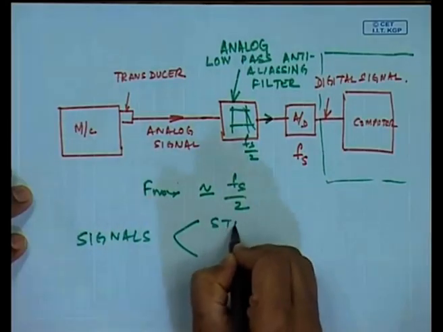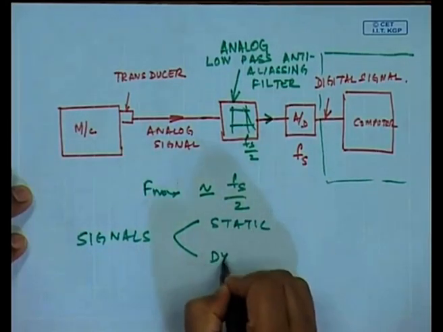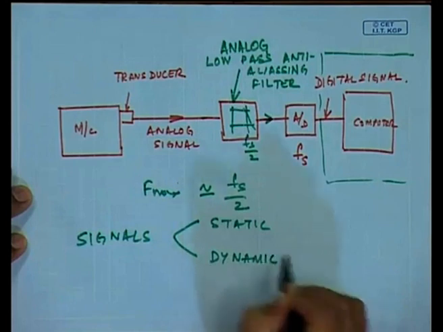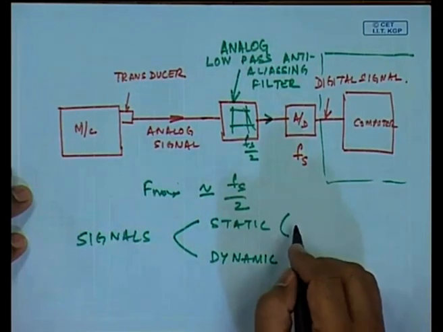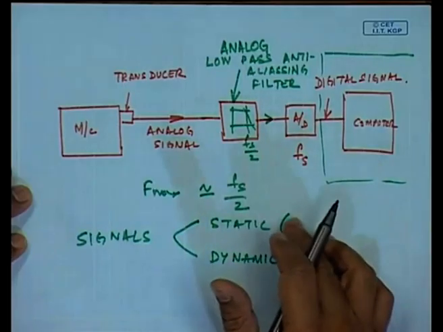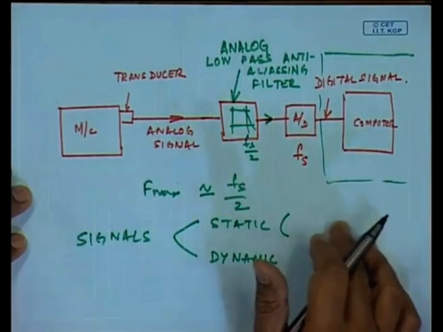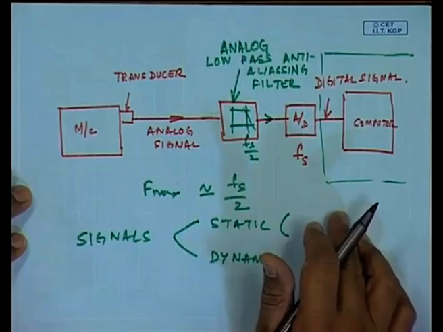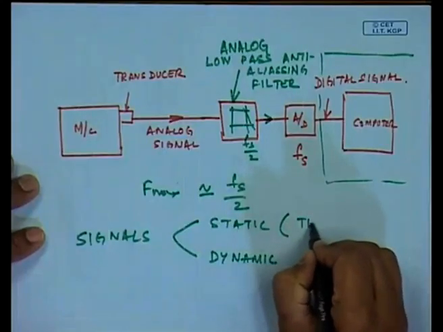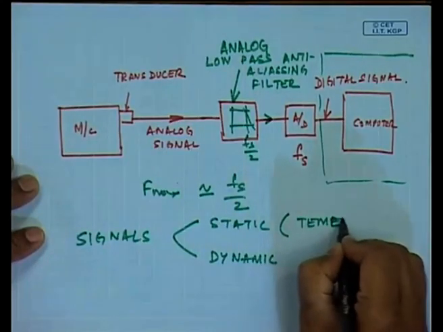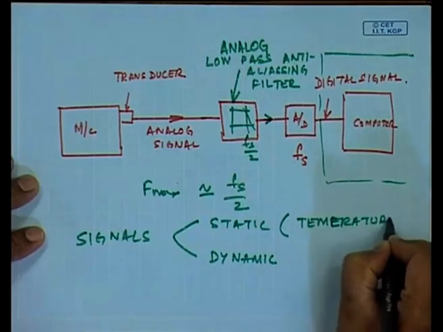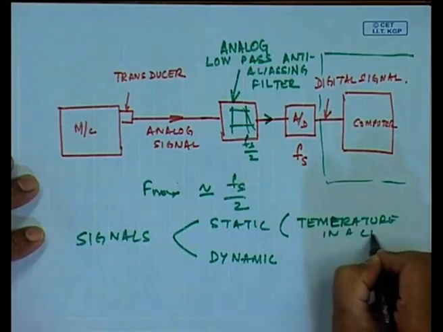Signals could be static, could be dynamic. We will take static signals as, mathematically, that means they are not fluctuating or changing with time. For example, temperature in this room, that is almost a constant with time. Now, for the entire duration of the class, this temperature is almost a constant. So, this can be an example of a temperature in a classroom.